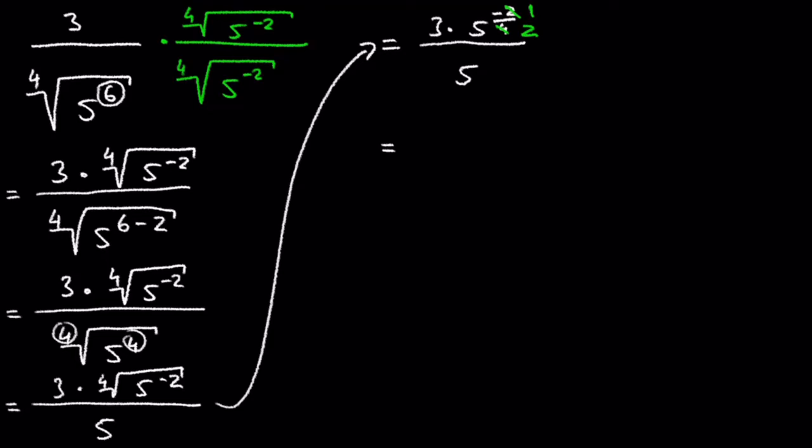After using the rule for converting exponents to roots, we get the square root of 5 to the negative 1, which we can write by using the rule for negative exponents as the square root of 1 over 5.